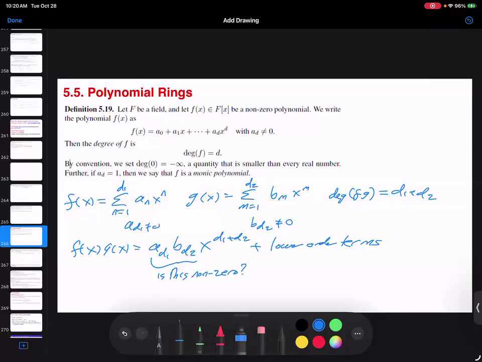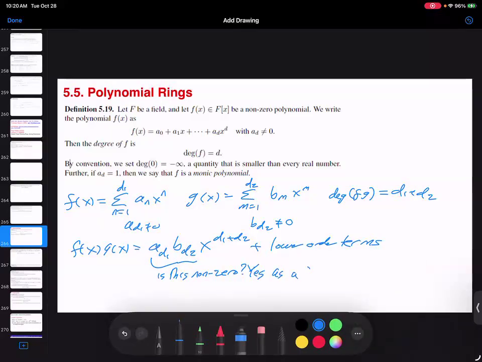So if I give you two numbers that are not zero and I multiply them in a field, is it non-zero? Yes, this is the whole property of a field.